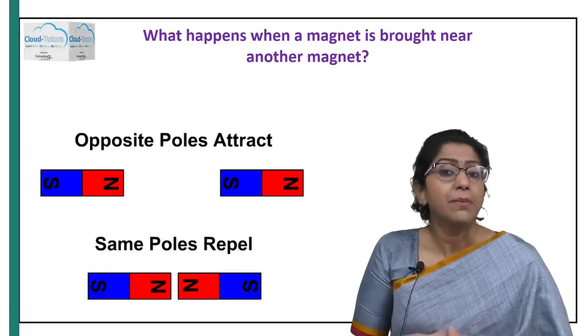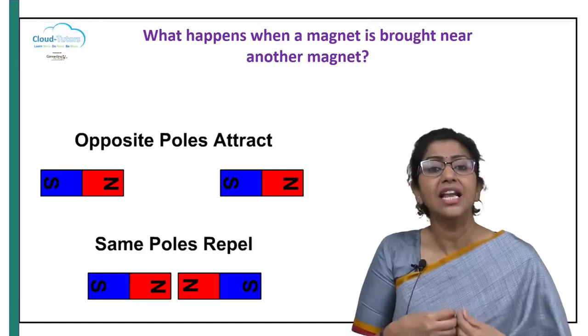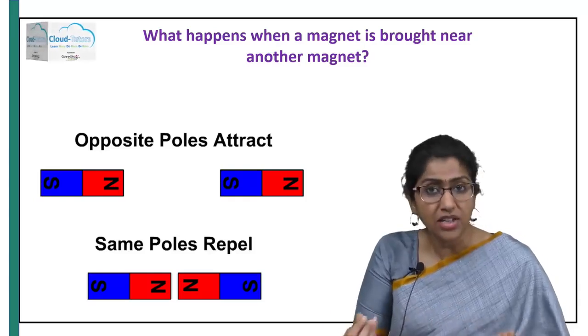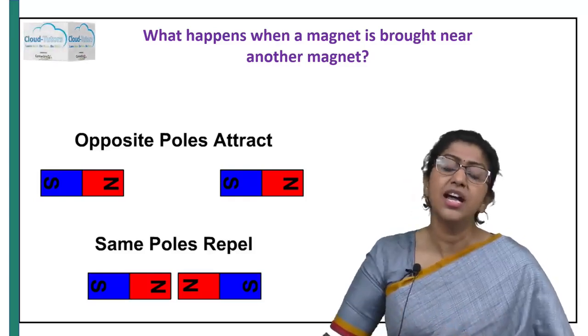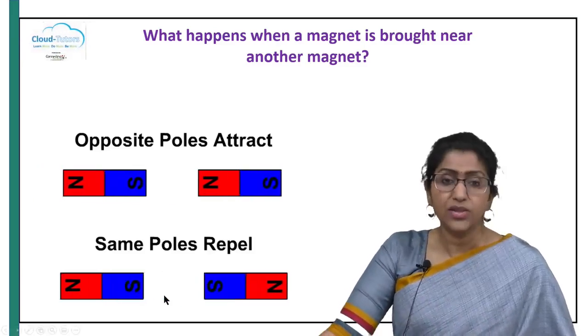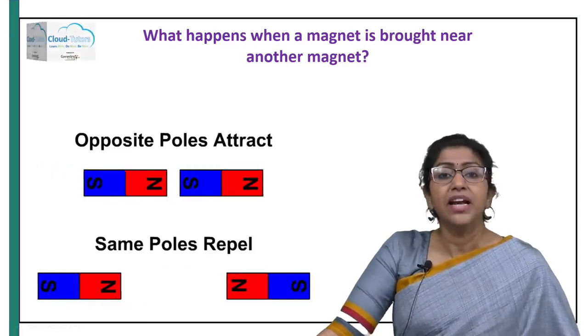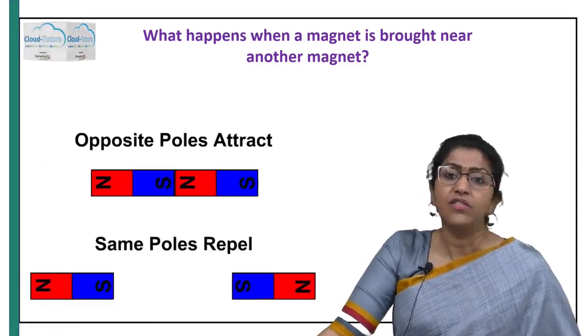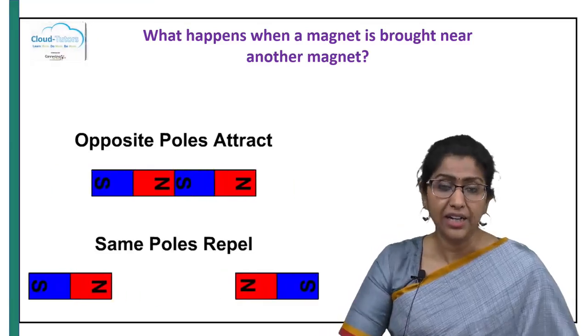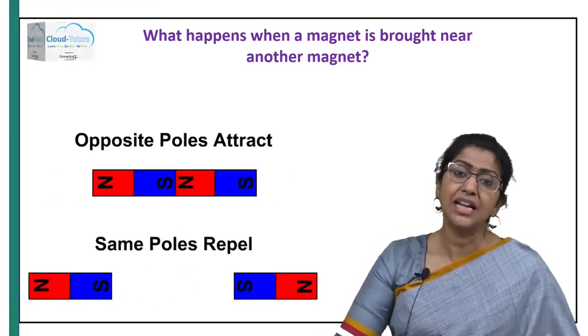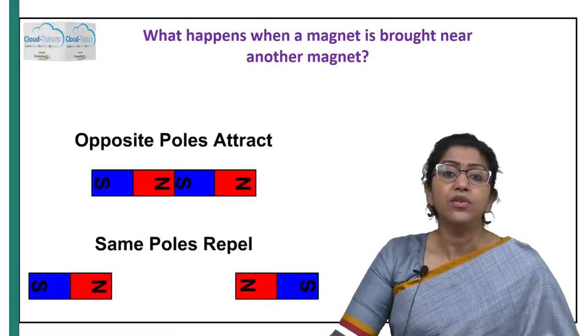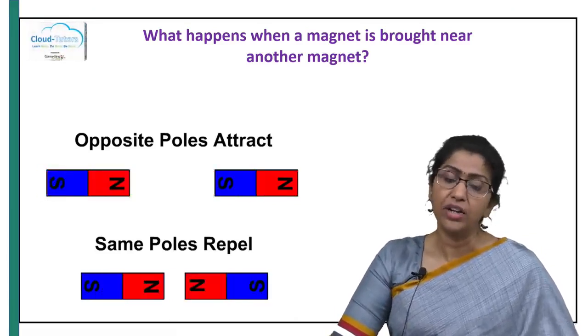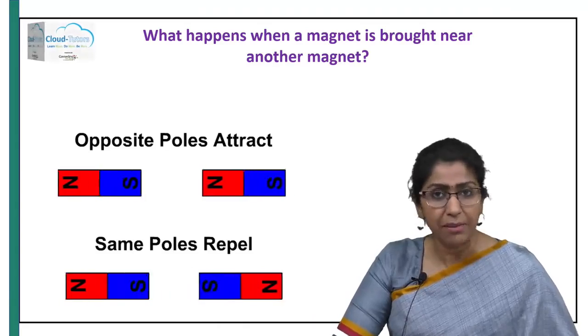So to simply put it together, we say like magnetic poles repel each other and unlike magnetic poles attract each other, right? As you can see here, when we bring in north and south pole, which are different, which are unlike to each other, they basically have a magnetic force of attraction. The other way around, they have a magnetic force of repulsion.